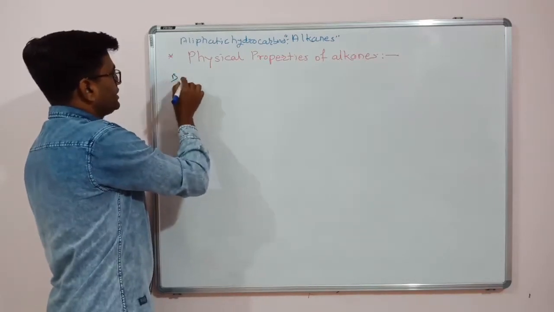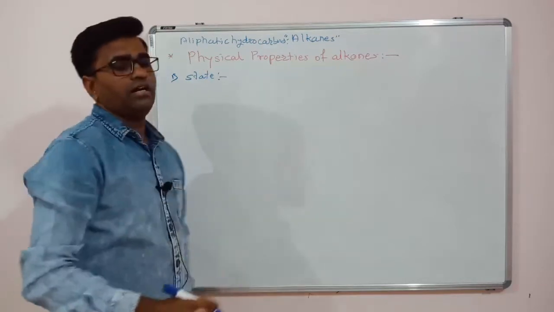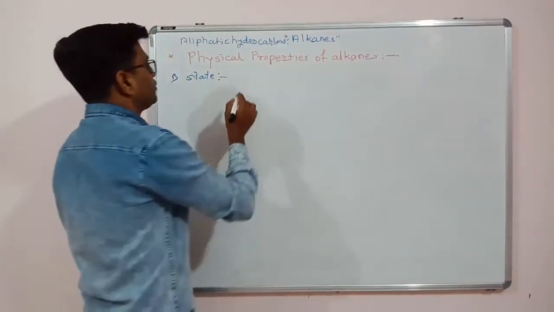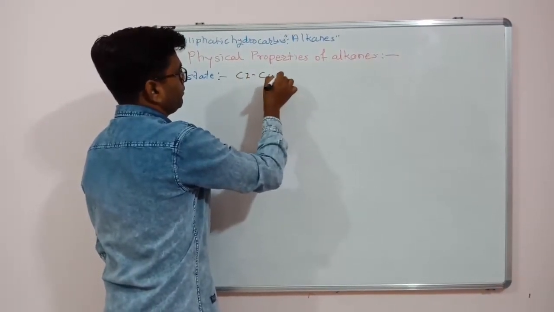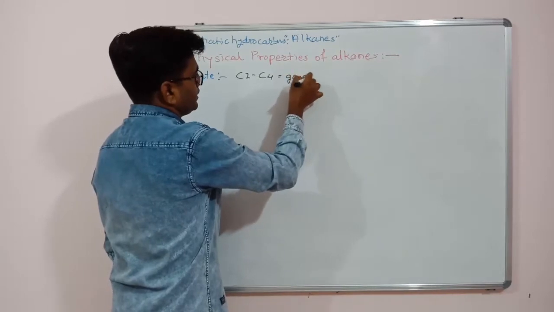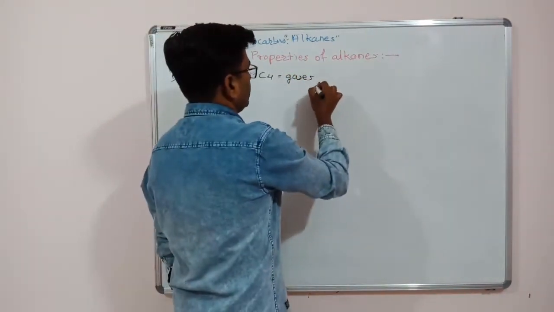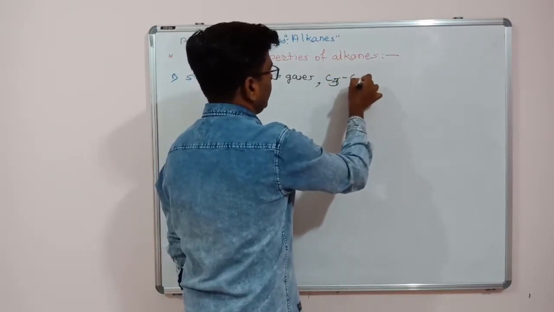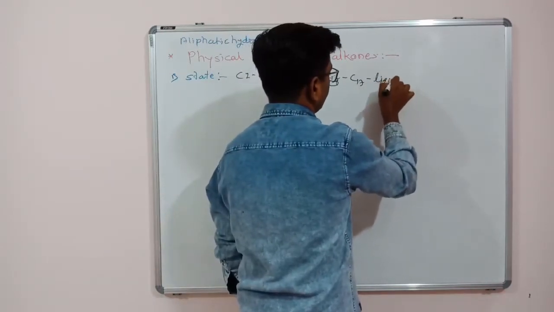First we will see the physical state of alkanes. Friends, the first 4 alkanes, that is C1 to C4, are colorless gases, while C5 to C17 are colorless liquids.